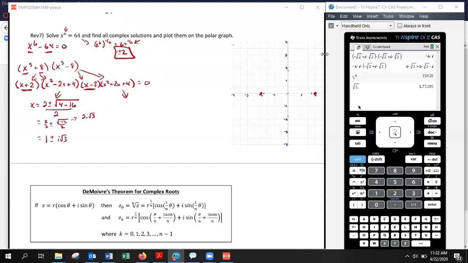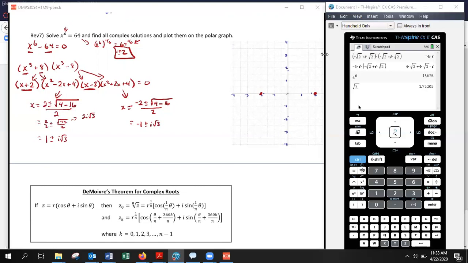And then quadratic formula on this one as well. So this one will be negative 2 plus or minus the square root of b squared, which is 4, minus 4ac. Once again, we'll get 4 minus 16, all over 2. We've done enough of this math that hopefully you'll see that this is negative 1 plus or minus i square root of 3.